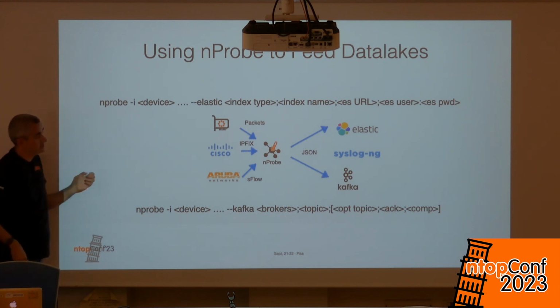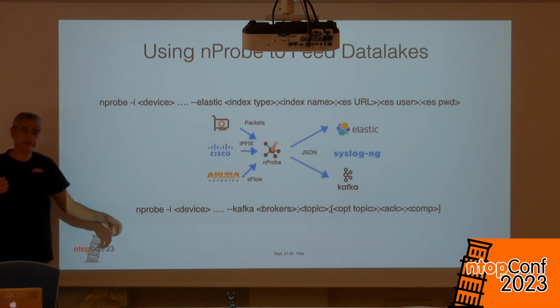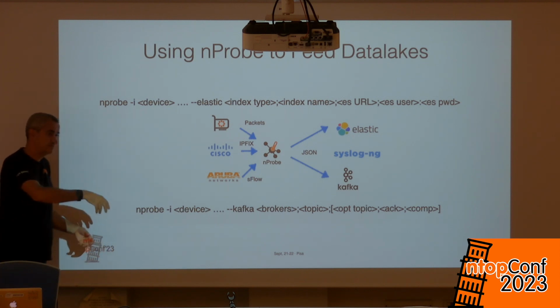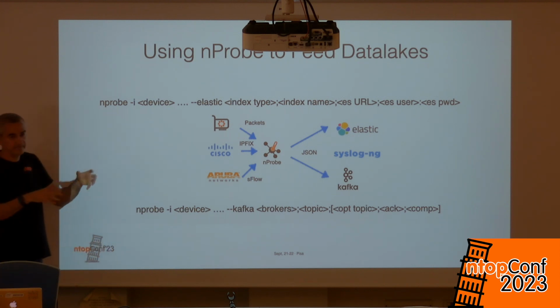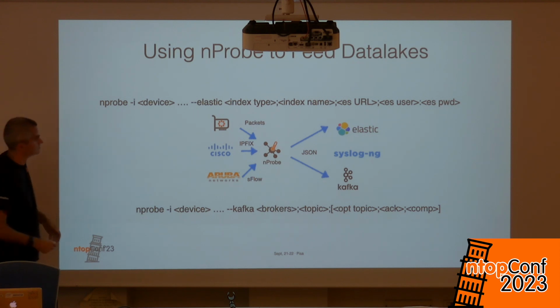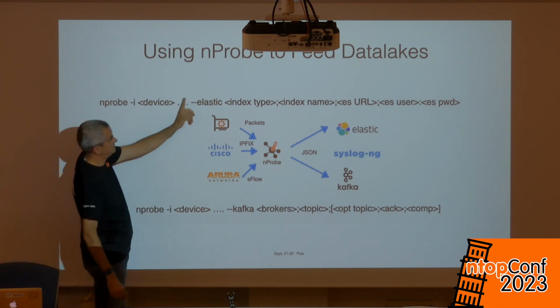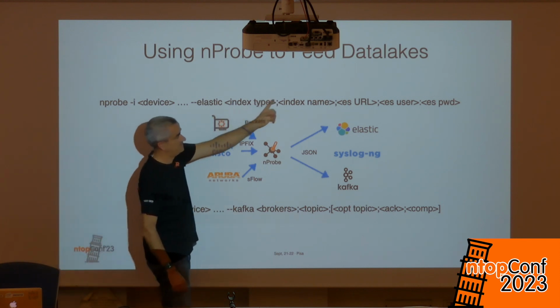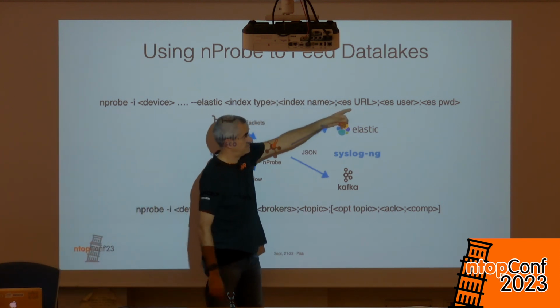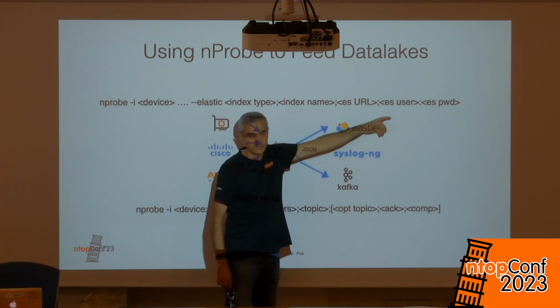This way, it's a good system for feeding something called a data lake. A place where you send all the data, and then somebody is doing super queries at the end to match the data together. With Elastic, you have the special Elastic option: you specify the type, its name, the URL of Elastic, and eventually a username and password.